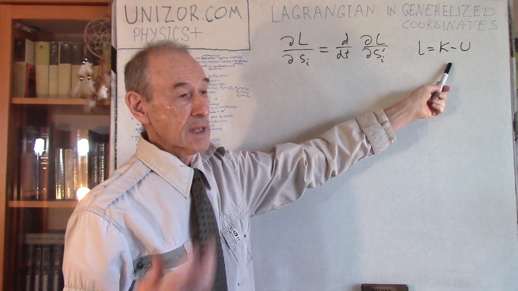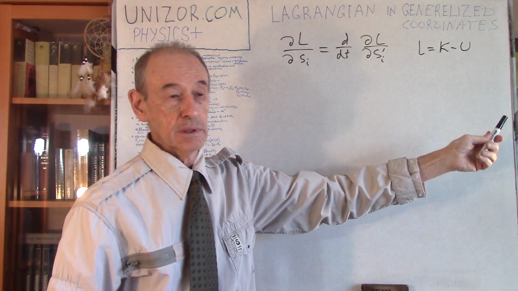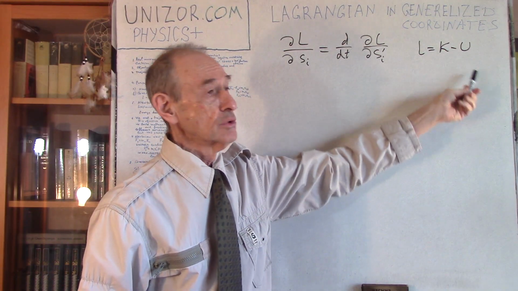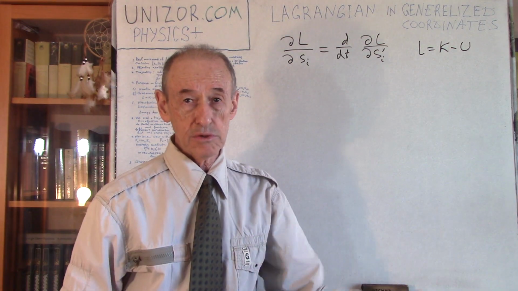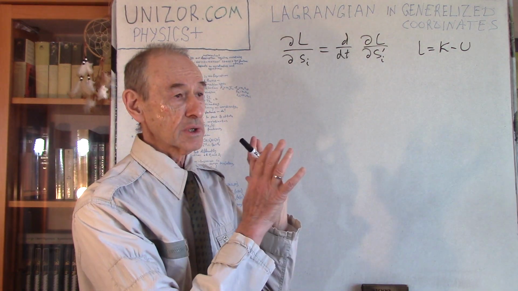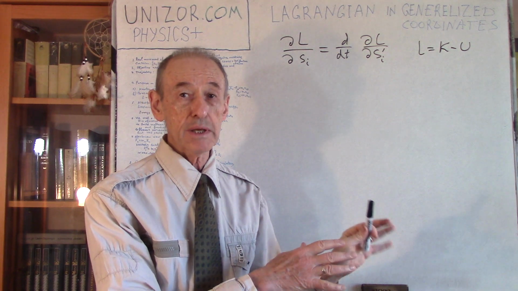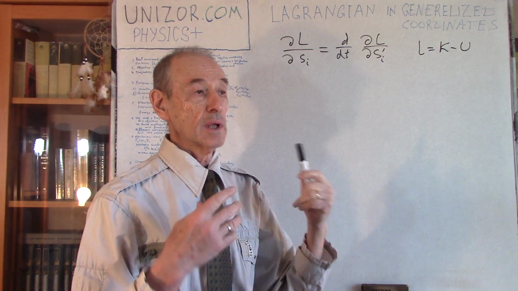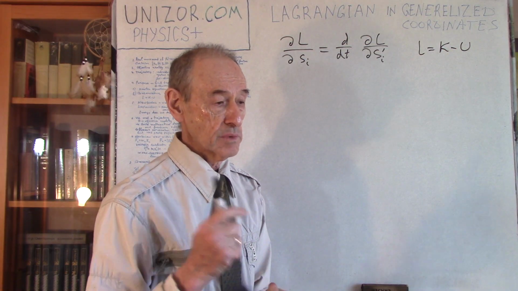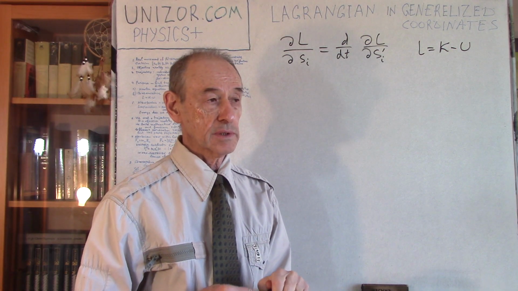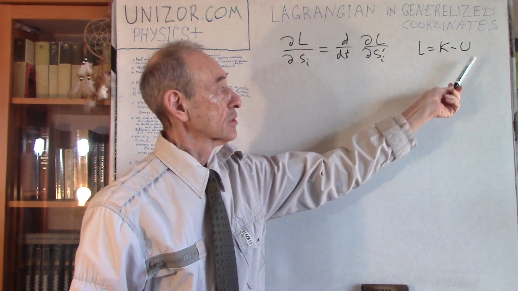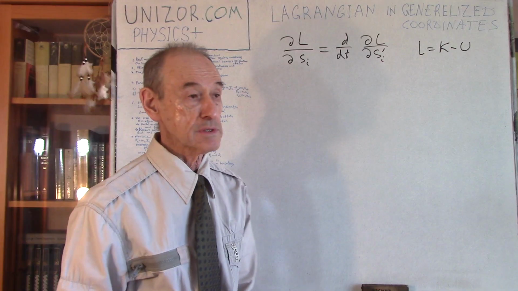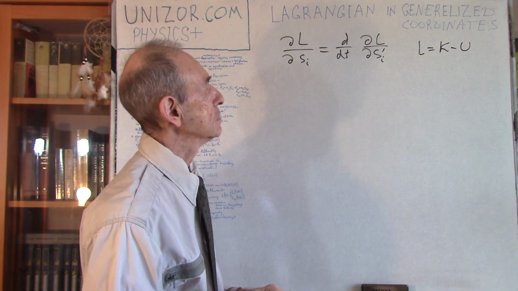Obviously, K, kinetic energy, depends on velocity and sometimes on position. U is potential energy, which depends only on position. We are talking only about conservative systems right now, when there is a potential energy of the system, and we already learned that the partial derivative of potential energy by each coordinate is actually a force in Cartesian coordinates.